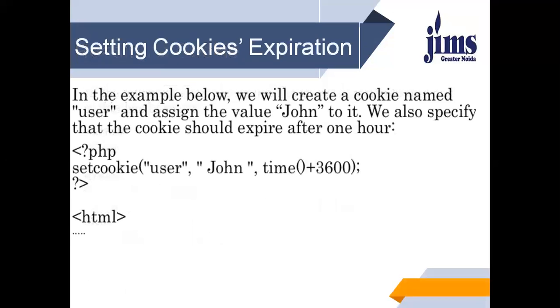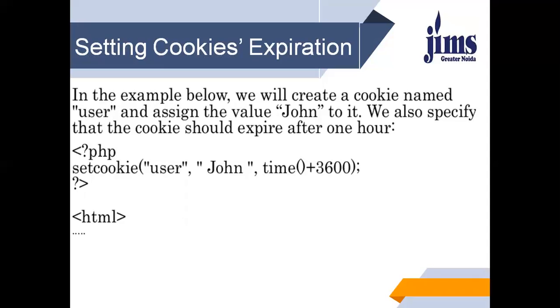So you can set the cookie's expiration also. When you create a cookie with the setcookie function, at that time you can set the cookie expiration time also. For example, you specify that a cookie should be deleted in an hour. You can do this by specifying the expiration time as 3600 seconds.